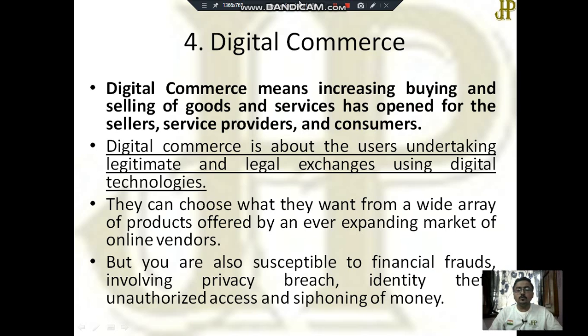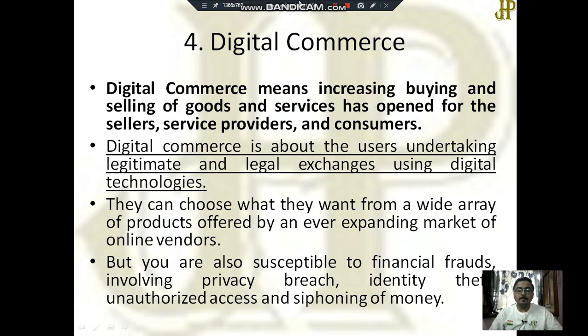They can choose what they want from a wide array of products offered by an ever-expanding market of online vendors. Whenever we go to the local market, they show a few things related to what we are going to purchase.